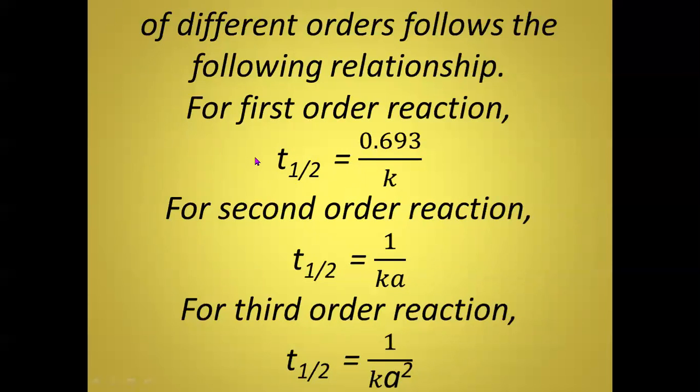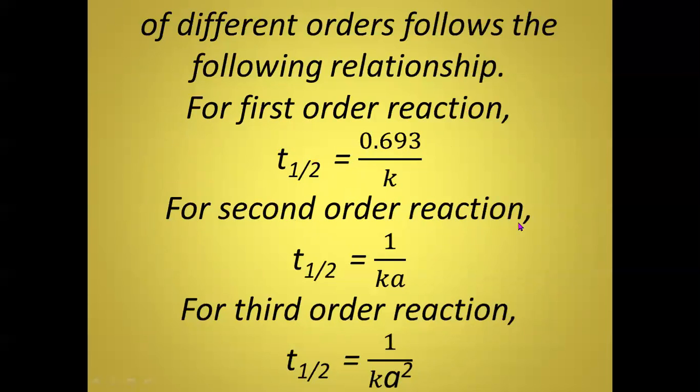Here if you see, in first order, it is independent of concentration. So we can write T half is equal to constant. That means if T half of a reaction is constant, then it is of first order.